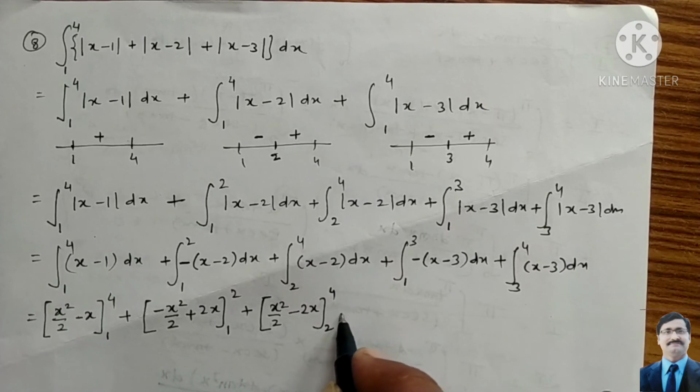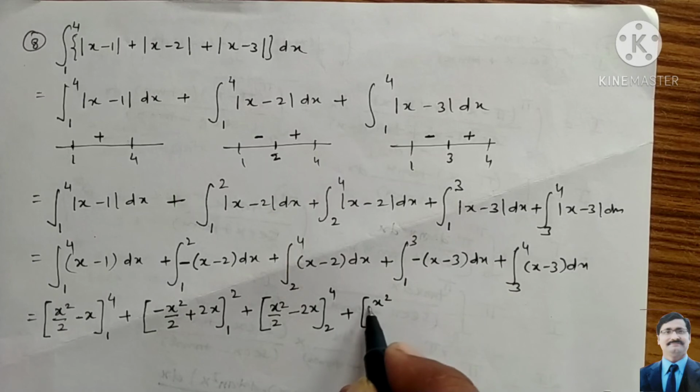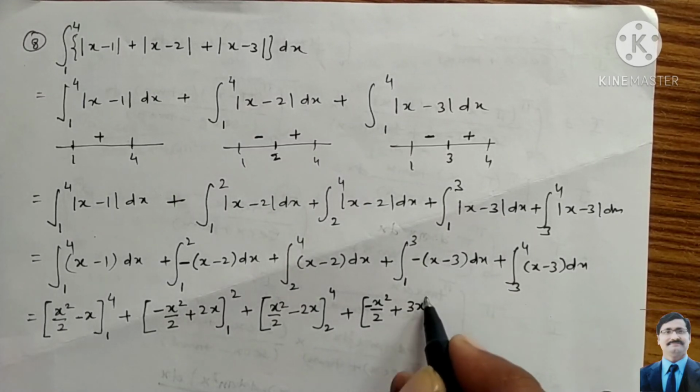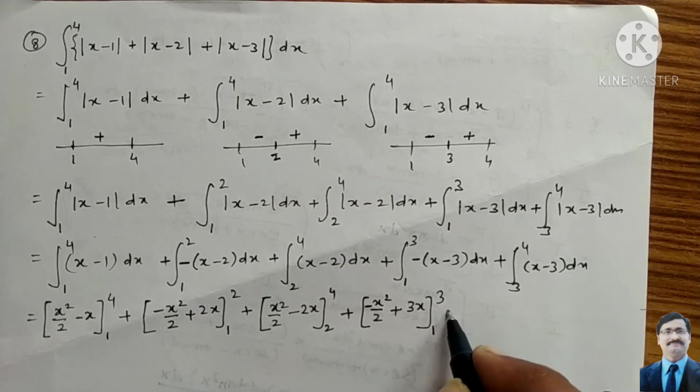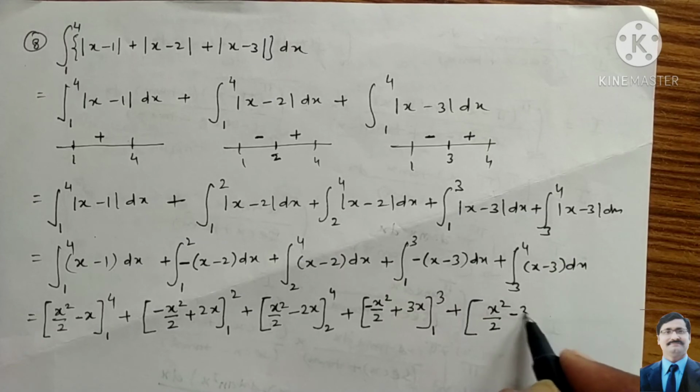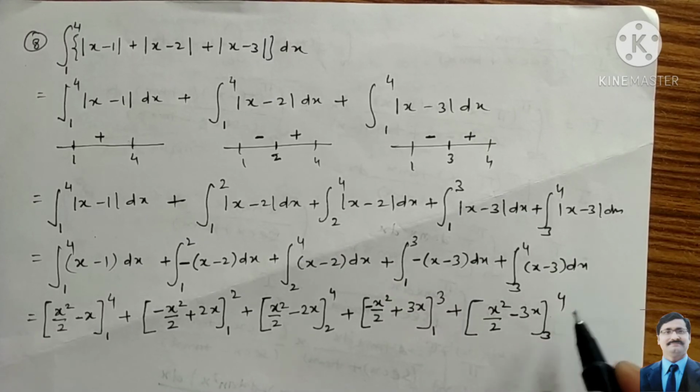Then we have minus, so minus x square upon 2, and minus minus plus, 3x, with limits 1 to 3. Then x square upon 2 minus 3x, with limits 3 to 4.